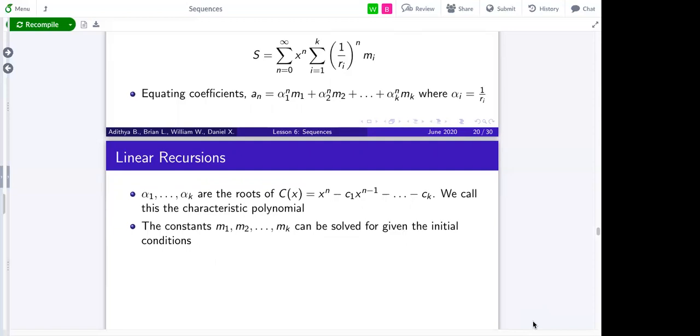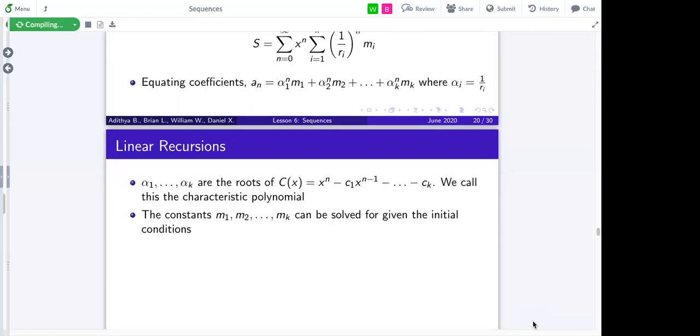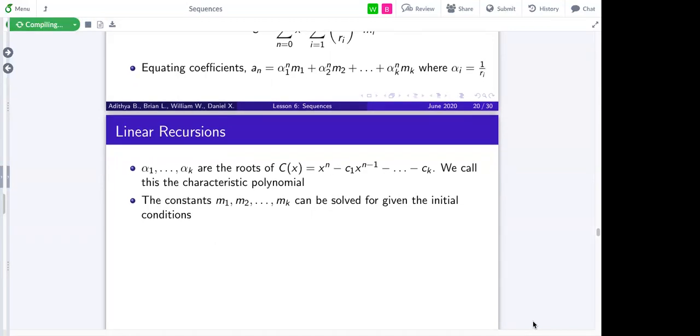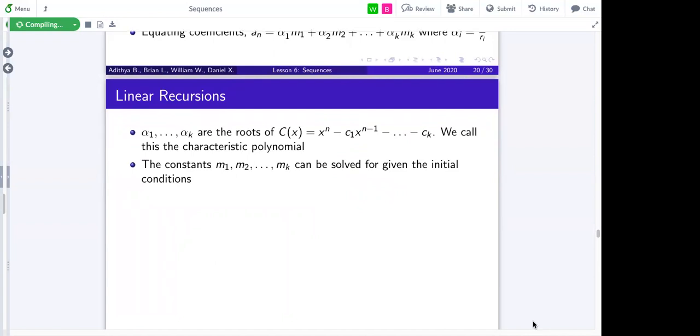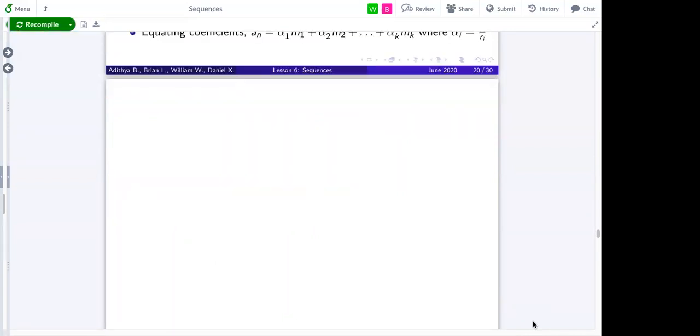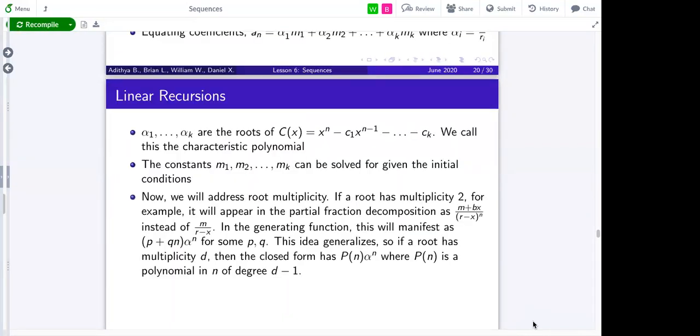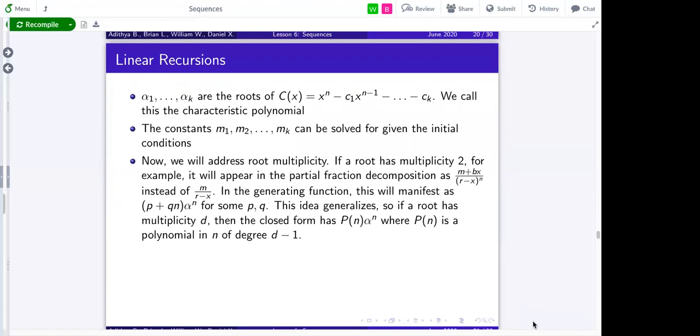Now that we have this form, we're going to go ahead and address root multiplicity. Remember that when a root had multiplicity 1, we had a term of the form m over r minus x inside our expression. Let's see what happens if it has multiplicity 2, for simplicity.